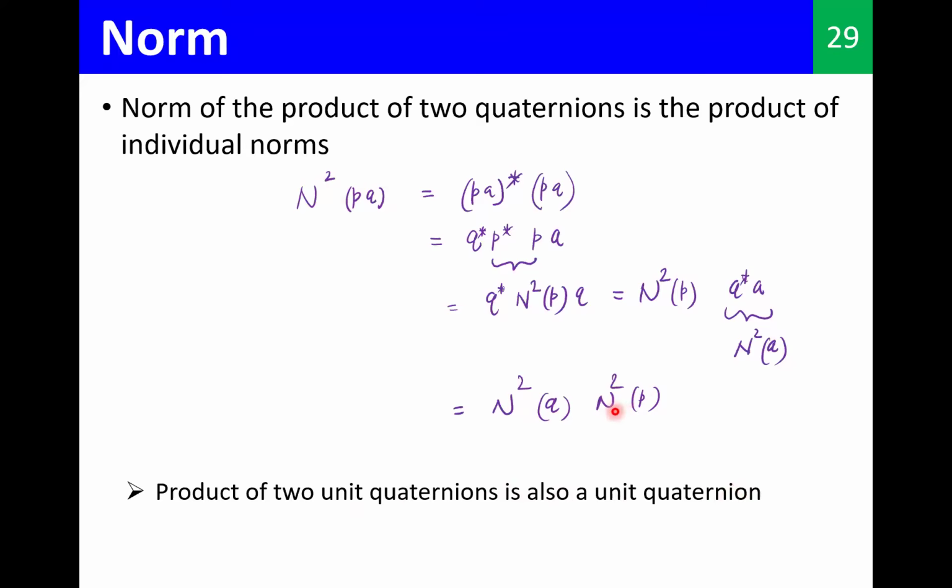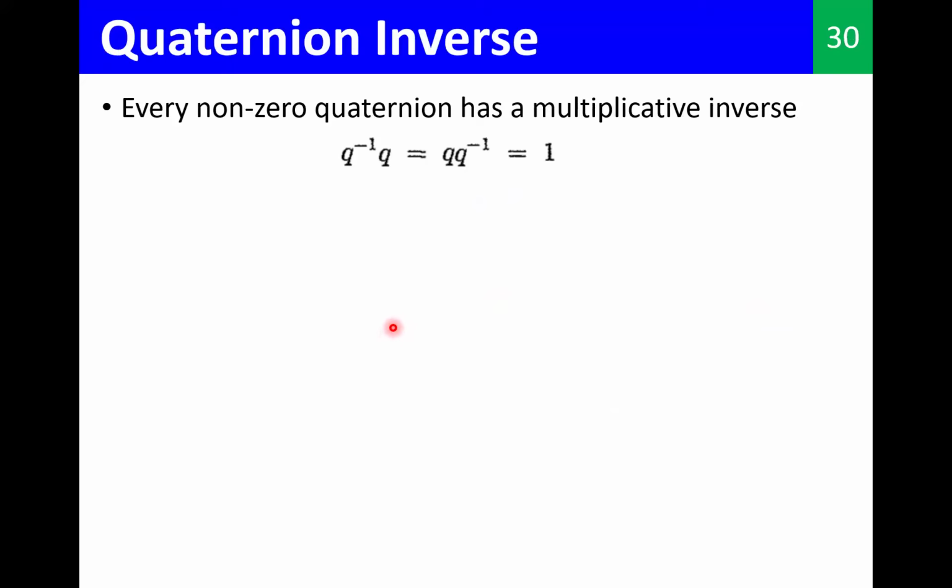One more thing before we move on to the graphical representation of quaternions, that is the quaternion inverse. Let's see what it is, because just like the matrix inverse, this is going to be very useful. So we define the quaternion inverse as q to the power minus 1, and when we do the multiplication, it should give you 1.